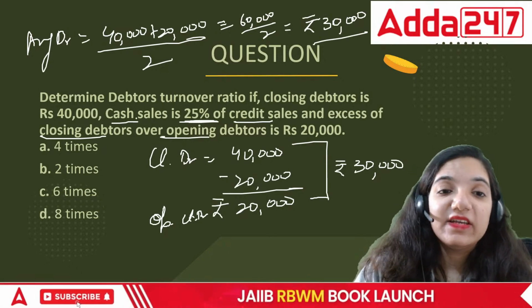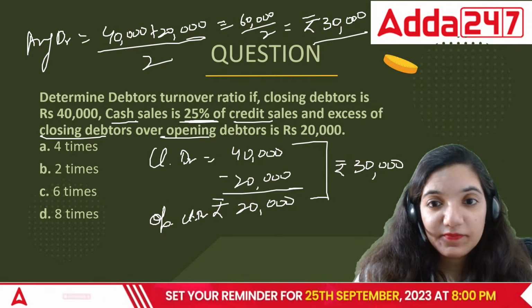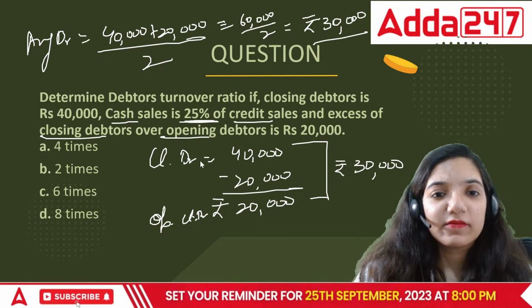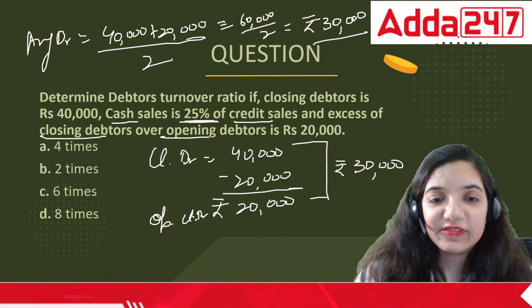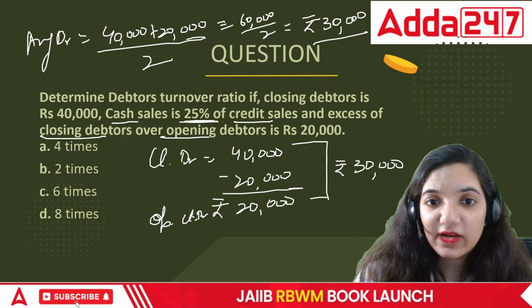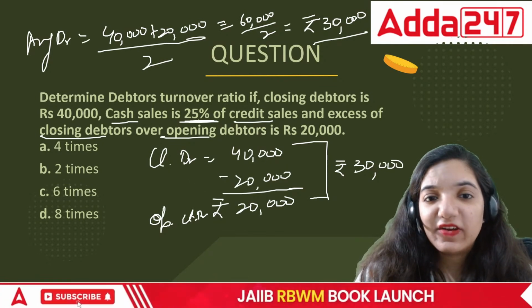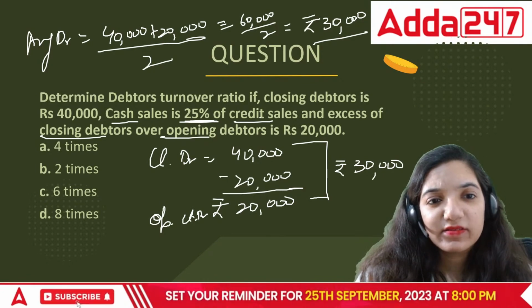Now that part is done. If in this case they specify that your cash sales is 25% of the credit sales.